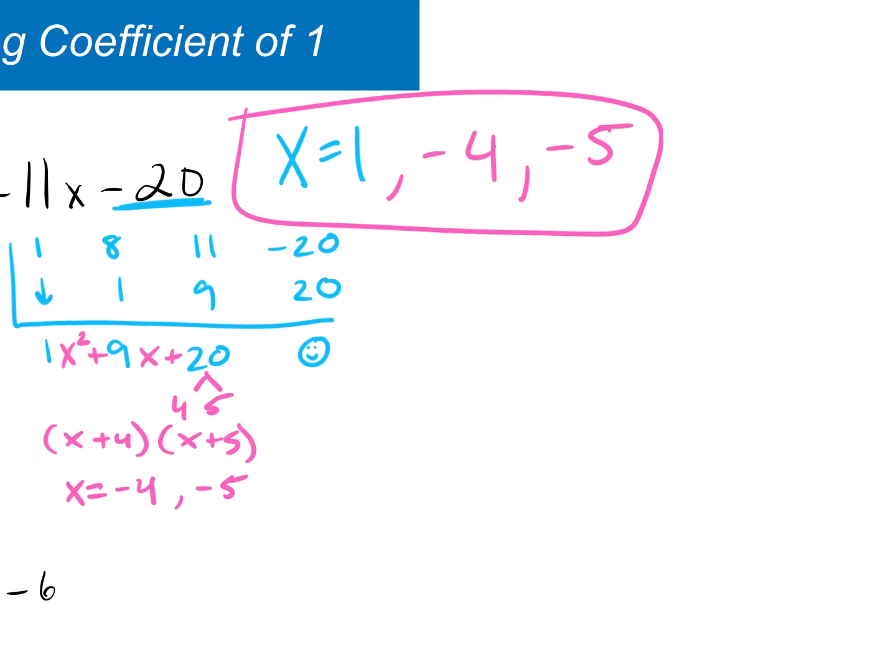Now, some of the questions on the homework ask for zeros. So this would be how we leave our answer if it said find the zeros. Some of it wants it in factored form. So if it asks for the complete factorization, it's asking for factored form. How would I write my answer here as factors?